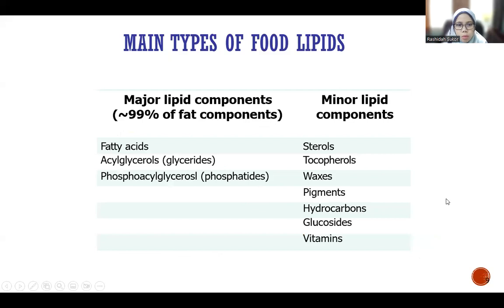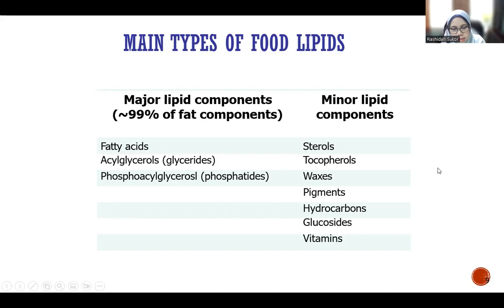Okay, so for the main types of lipids, the major components of lipid are fatty acids. Later we will see what fatty acid means. Then we have acylglycerols or glycerides. Like I mentioned, whether we call it triacylglycerol or triglycerides, acylglycerol and glycerides are the same. And then we have glycerols or phosphatides. These are the major lipid components, more than 99% of fat consists of these components.